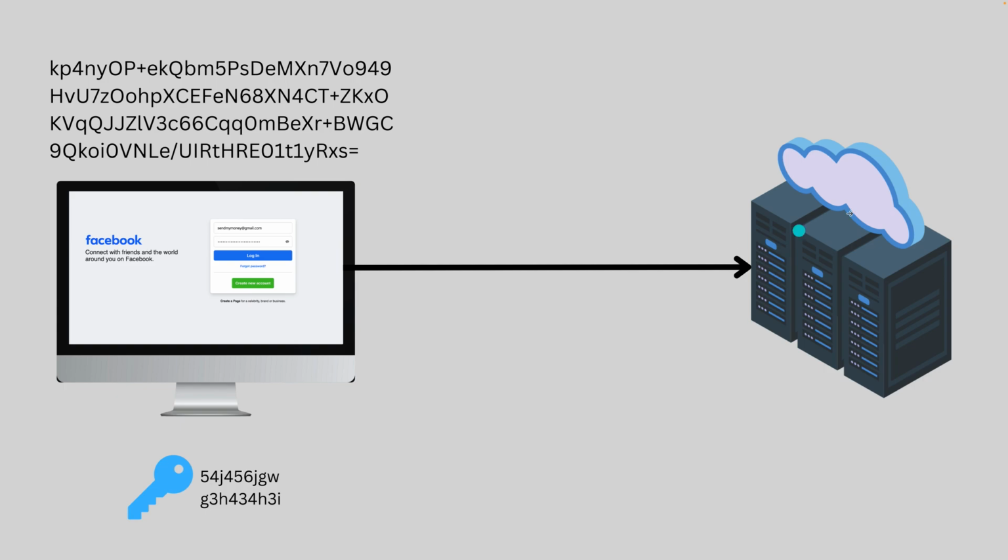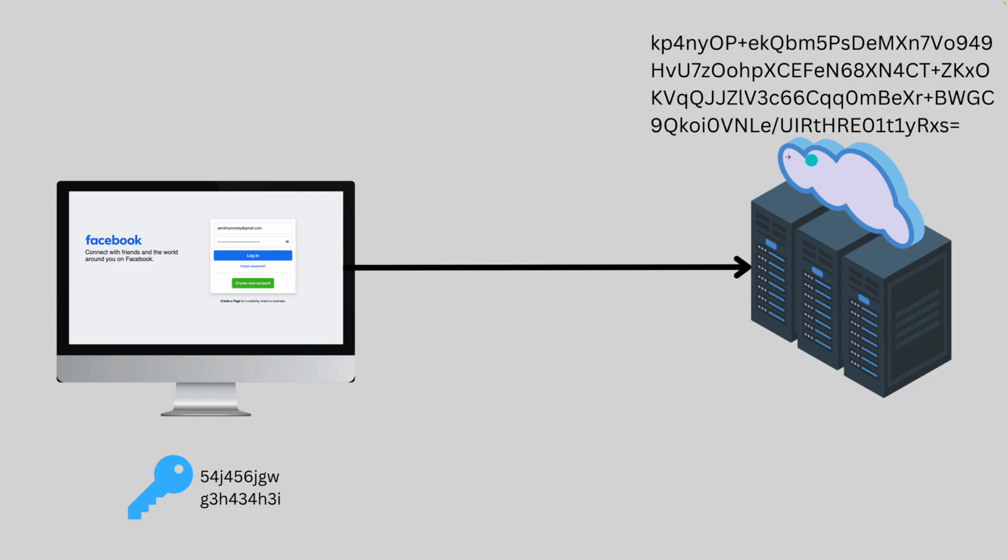We send it over the network. Now our server has it as binary. It converts it back to its string form, and now it has this data over here. Now the problem is, how is it going to decrypt it? It doesn't have the key. You have the key. The server doesn't. So this is also useless information for the server.